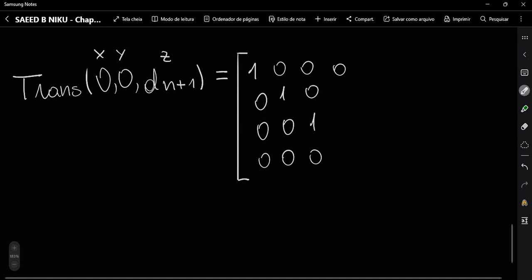Filling the rest of the elements as zero, and the main diagonal is 1, d n+1 is this distance, this translation that we are doing on the z-axis. So x, y, and z.